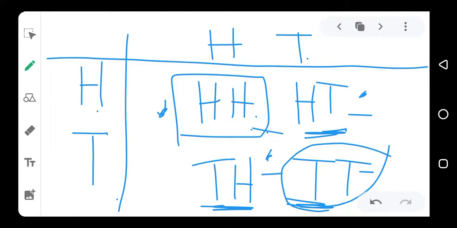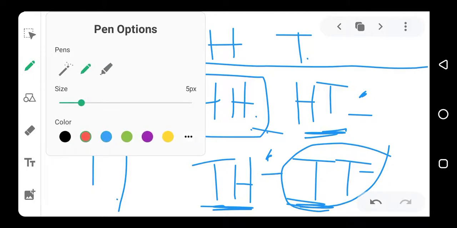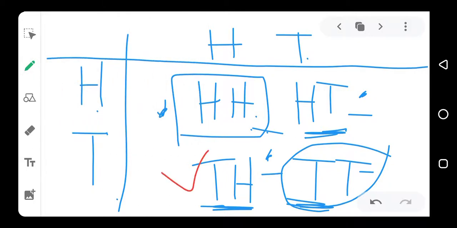This one contains one tail. This contains one tail. It says at least, which means from 1 or 2 or 3 or as many as it can contain. So once we find at least one tail in it, we will count it. So this one has 1, this one has 1, and this one has 2. So this one that has 2 is also among them.